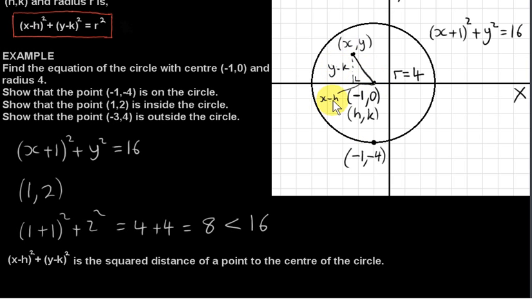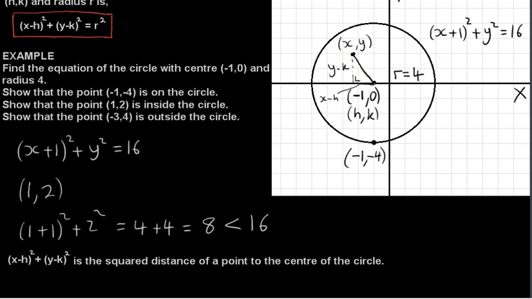We square these and sum them, and we get the square of the hypotenuse. The square of the hypotenuse is the sum of the squares of the other two sides. So this is the square distance of a point to the center of a circle. If this square distance is less than r squared, it tells us that the point is inside the circle.